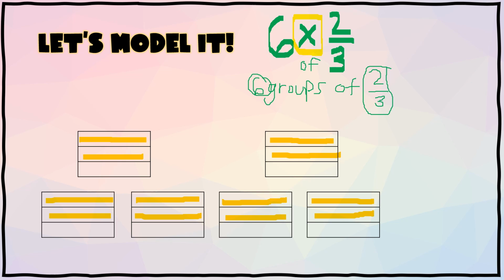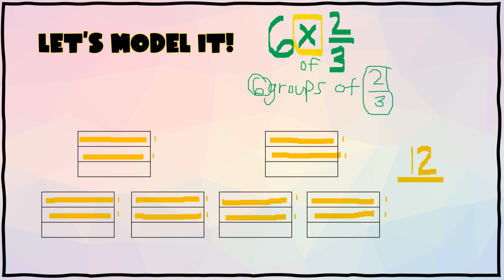If I count up the yellow pieces that I have, I get 1, 2, 3, 4, 5, 6, 7, 8, 9, 10, 11, 12. So we have 12 parts.